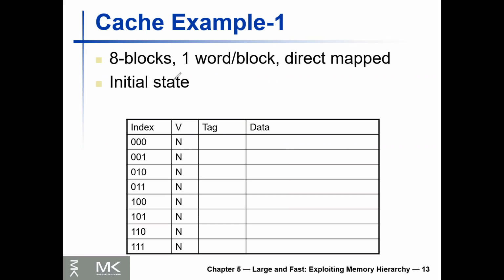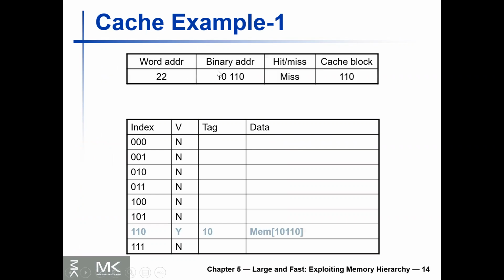So we are using the direct mapping scheme, and this is the initial stage. The index of the blocks in the cache, the valid bits are all 0, the tag bits are empty, and the data is empty. Now we are going to reference some addresses.